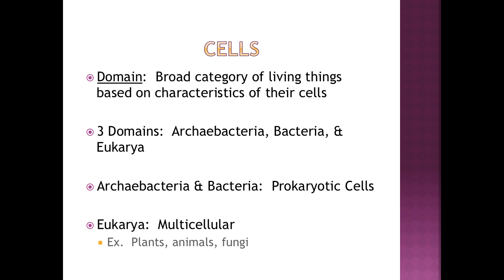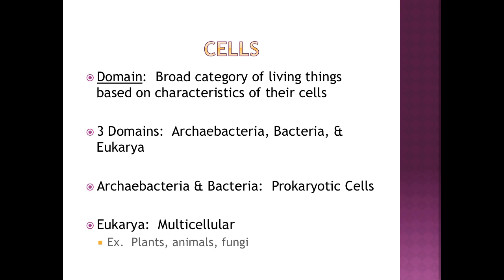A domain is a broad category of living things based on characteristics of their cells. The 3 domains that cells are divided up in are archaea, bacteria, and eukarya. Archaea and bacteria cells are prokaryotic cells. Those are the ones that are considered to be prokaryotic cells.